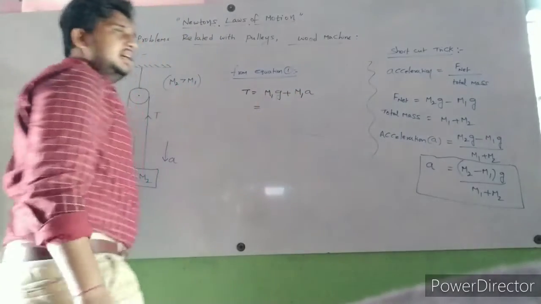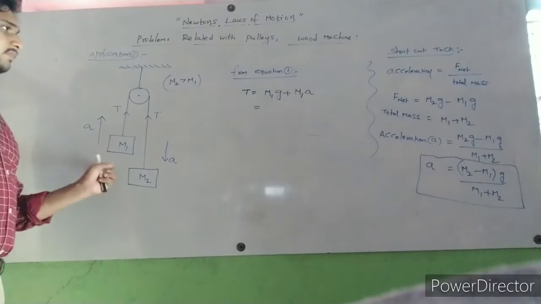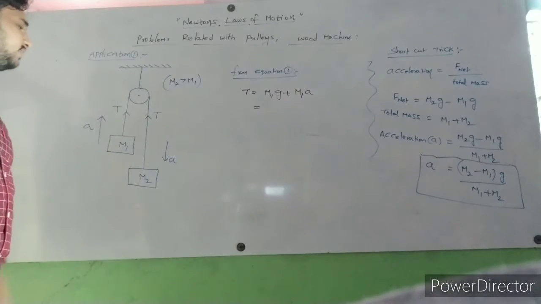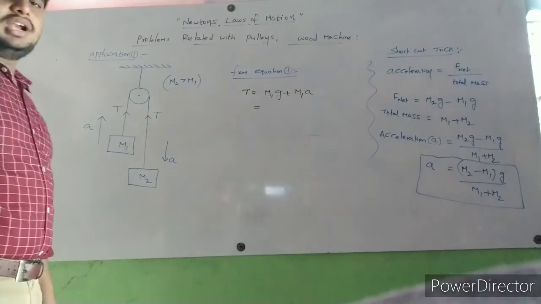So according to the first equation, we got m1g plus m1a.